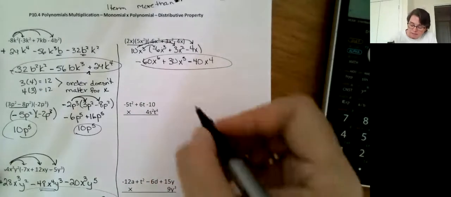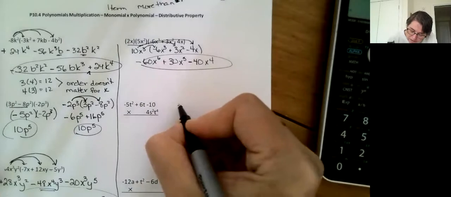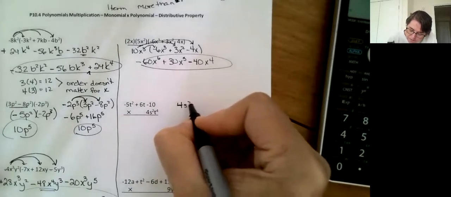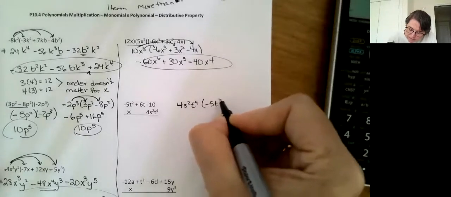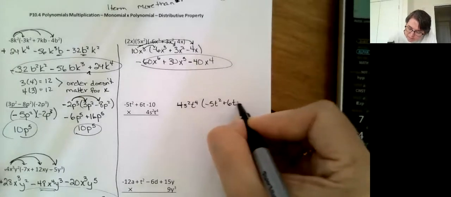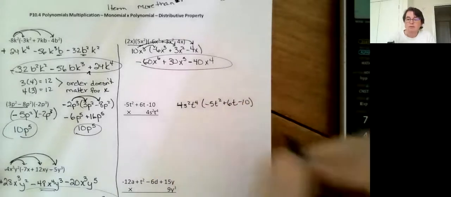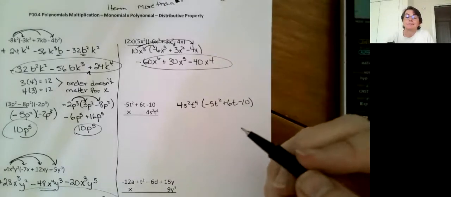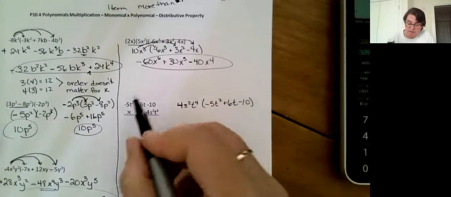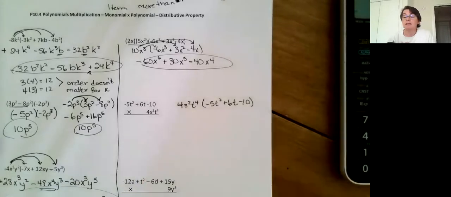If it completely weirds you out, there's nothing wrong with going 4s^2 t^4 times minus 5t^2 plus 6t minus 10, and then multiplying horizontally by using the distributive property and the arrow things. But sometimes you're going to get a book that looks like this. Anything I assign, I don't care which way you do it. I just want to show it because some people find this way makes so much sense.